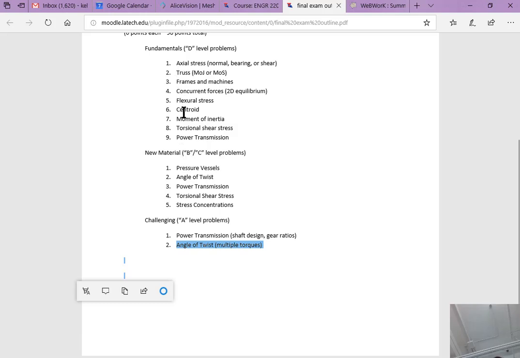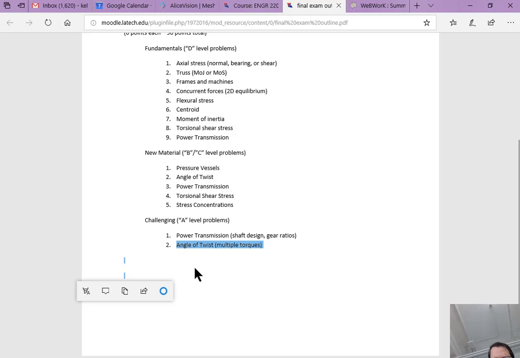So some of these problems are going to be replaced with beam deflection, because that is on our exam 3 this year, because we didn't put it on exam 2. So there'll be an easy beam deflection. That one I have highlighted will be a beam deflection, and I don't know if I have a third one or not, but there'll at least be those two, one in this range and one right here.